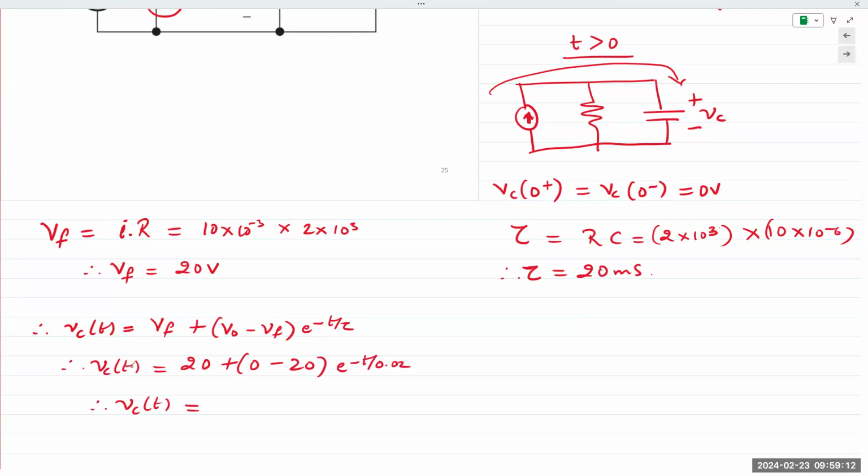VC of t is 20 minus 20 times e raised to minus 50t. This would be in volts. The expression is valid for all time t greater than or equal to 0.